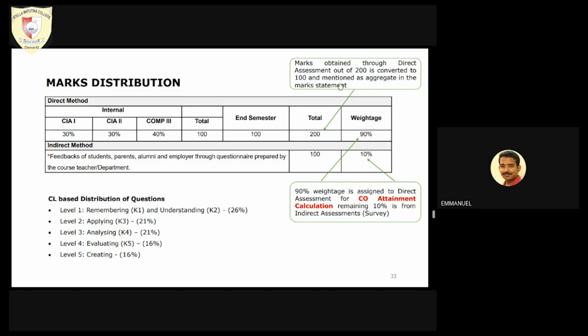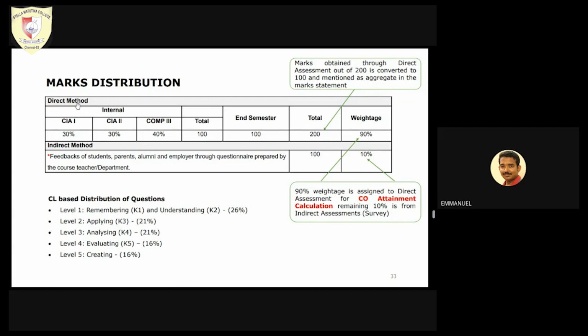This is for the student. Now, what is the slight difference we are adopting in this LOCF model? Out of this 200, just take 90 percentage, which means 45 percentage actually. Out of this 100 marks, you take 90 percentage, so 90 marks.